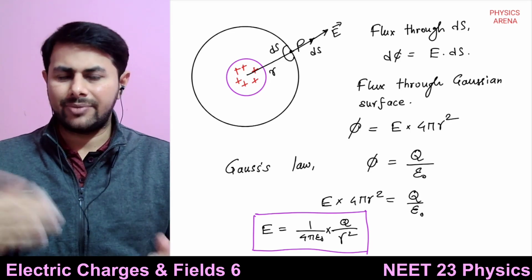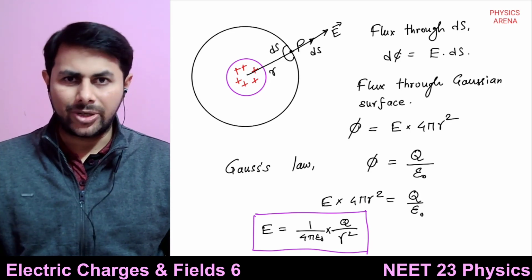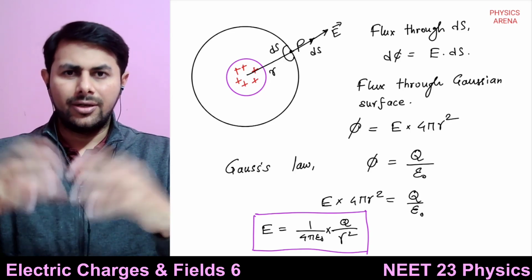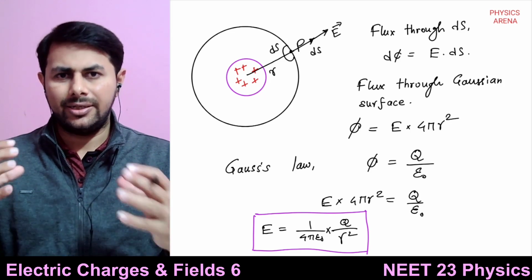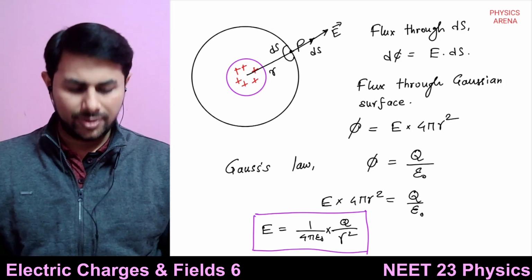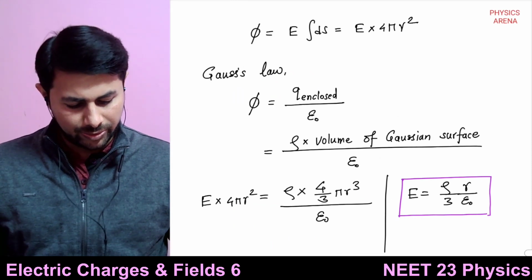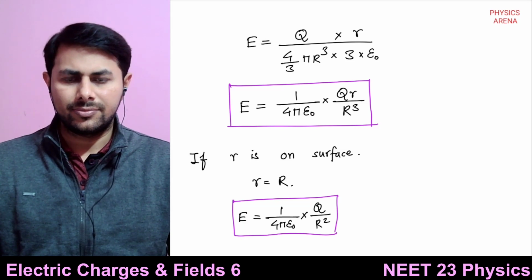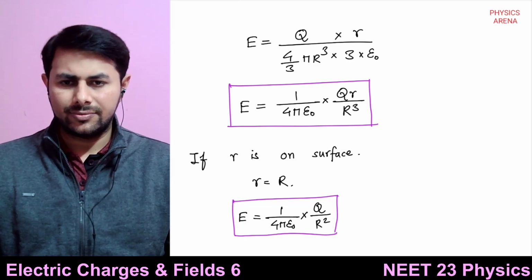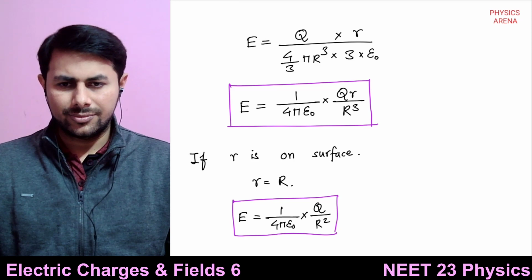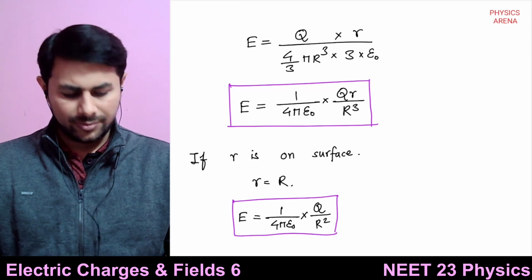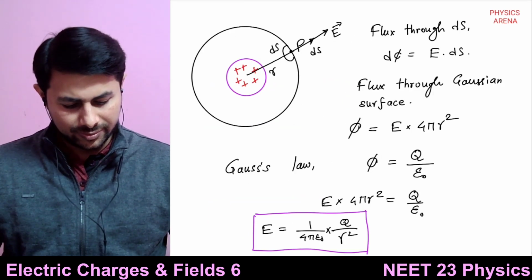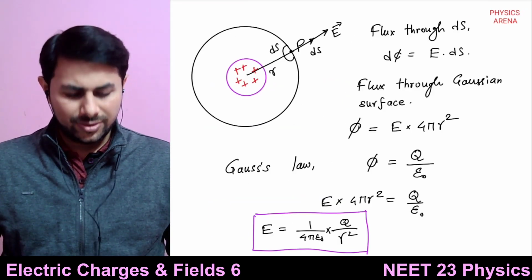For a shell, electric field will be 0 at inside points, and for a solid sphere, there will be some electric field inside the solid sphere also, which is given by this formula. So you got this? All right, let us stop here.